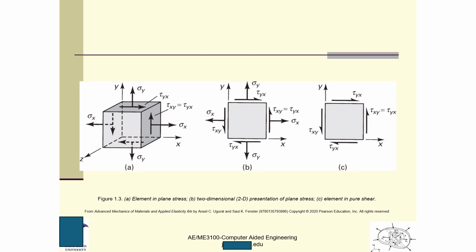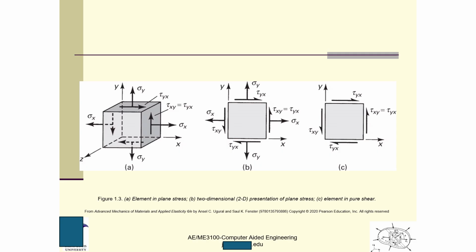This is a 2D, x and y, and I have sigma x, and here I do not have the stress in the z direction, and so that's the reason I can just simplify this one as a 2D x y.